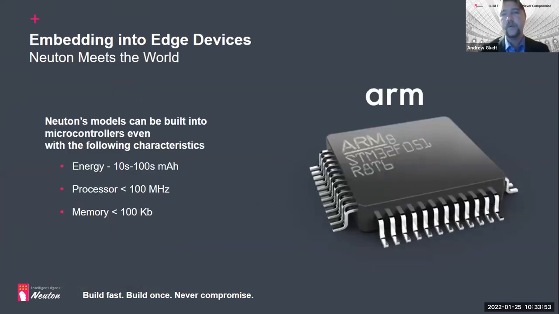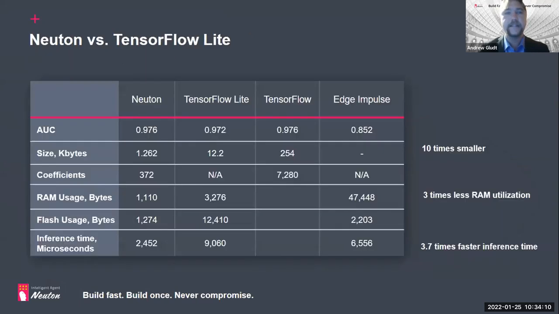And so, when we look at the requirements of the hardware devices and what models we're able to put on here, here's a little bit of technical information about the characteristics of the devices.